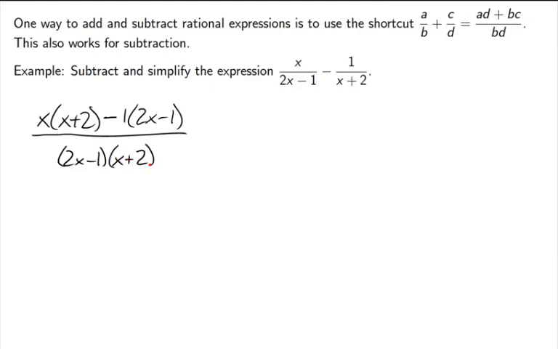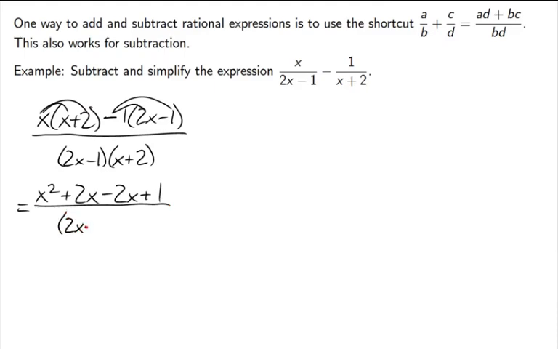Let's simplify that a little bit. So I'm going to multiply x squared plus 2x minus 2x plus 1. And I'm not interested in doing the denominator. Let's just leave that factored. That might make our lives easier later. But let's see.